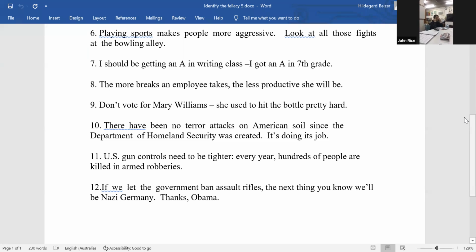Look, I mean, the Department of Homeland Security is actually an anti-terrorist department. It was created after 9/11 to prevent terror. So I mean, it's a relevant connection.